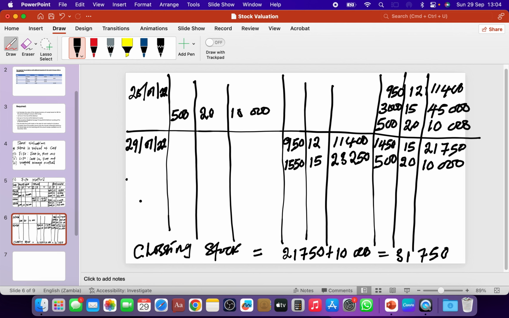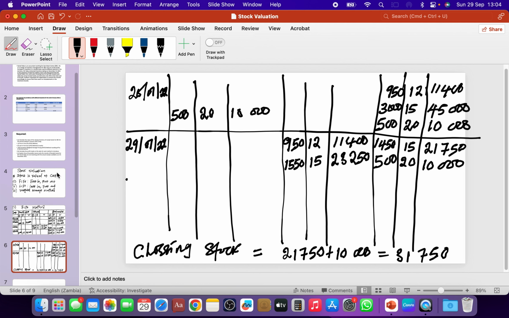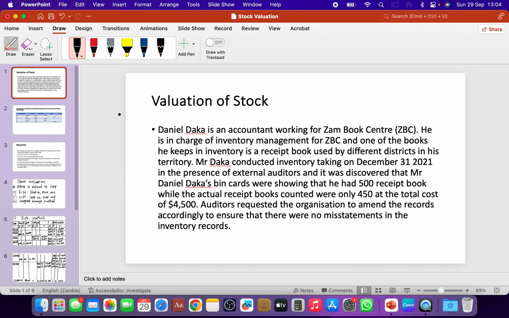But remember that from the question here, we are told that initially the records were showing that there is 500 receipt books, but when the count was done, we were told that the quantity that was counted was 450. So we have 50 receipt books missing.